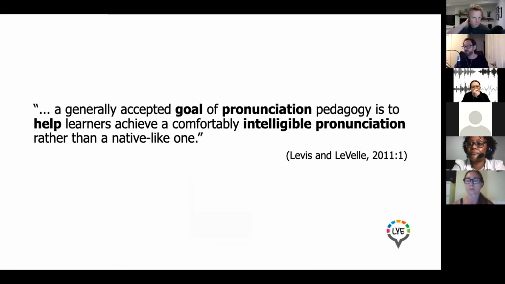With more advanced students, you can focus on aspects of connected speech. And I agree with you, Celeste. The decision to chunk is really up to the speaker. It's not up to me. It's not up to the student. It's based on the effect that they want to have on their audience.